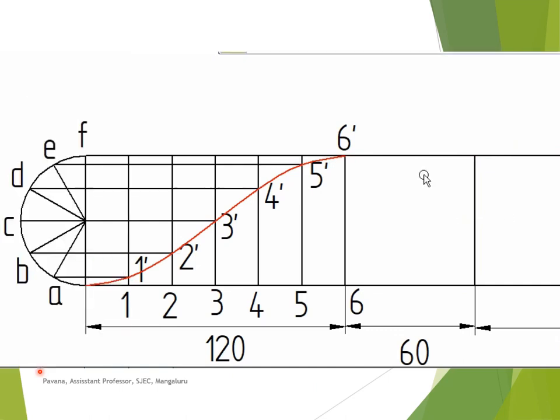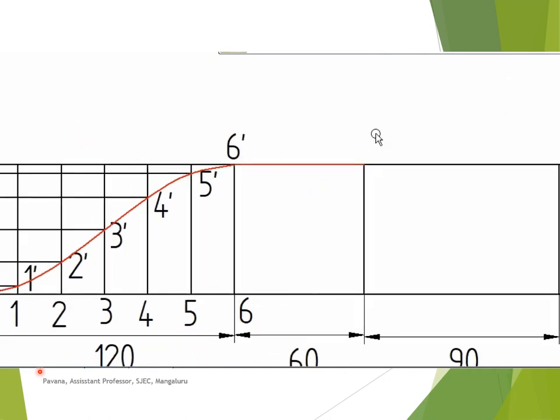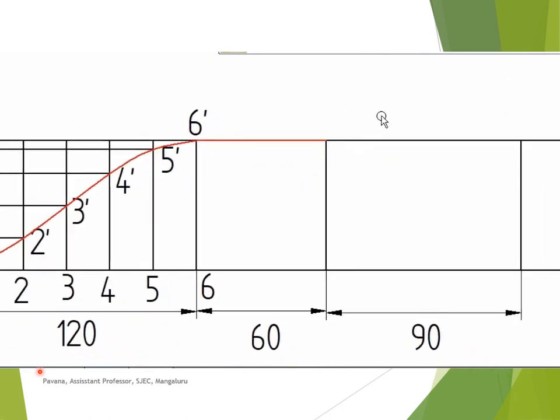I'm just indicating with the red color so that you can differentiate the curves. So the 60 degree we have completed.